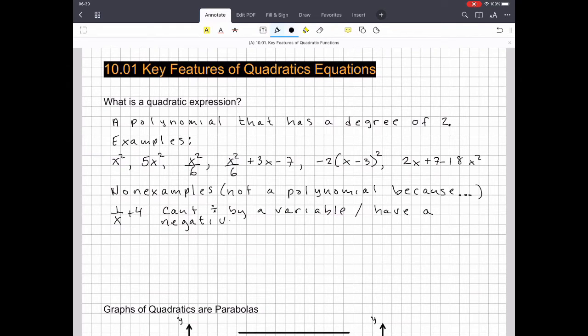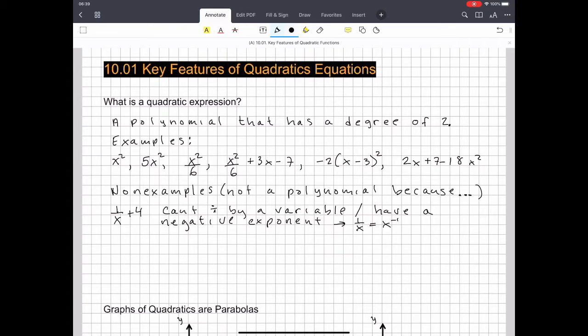If we were to write this example out with a negative exponent, we would have something that looks like x to the negative first for the 1 divided by x part of the expression.